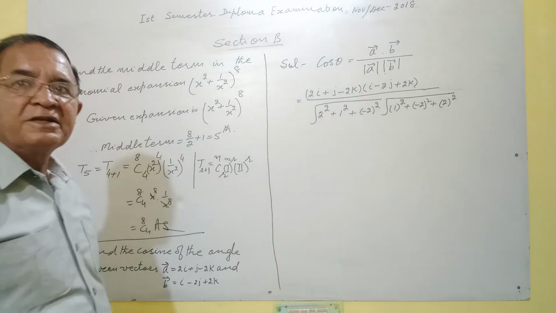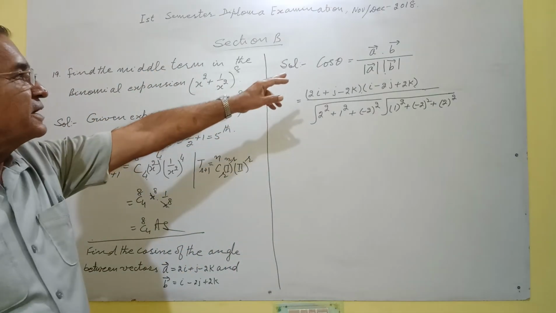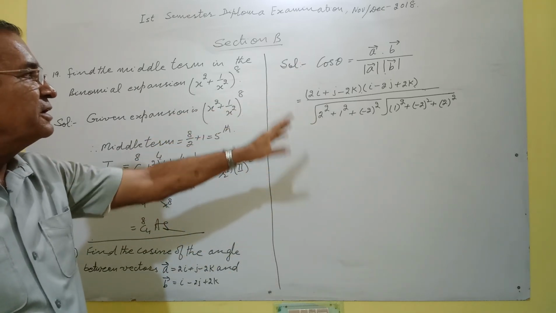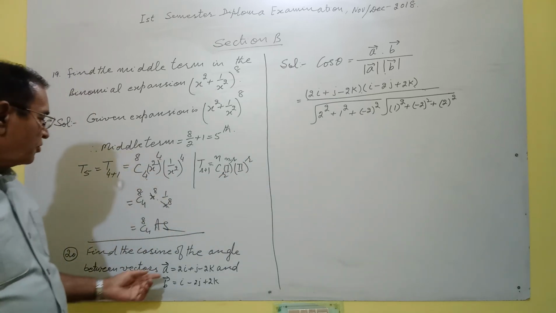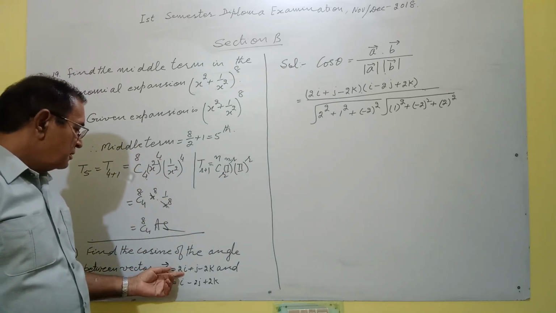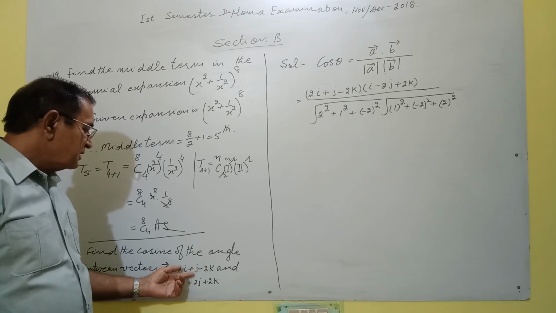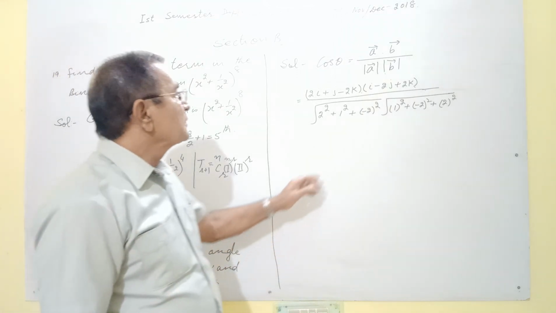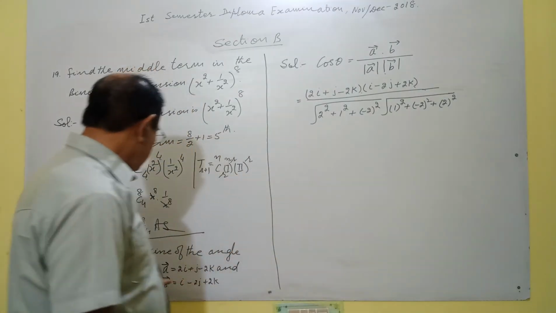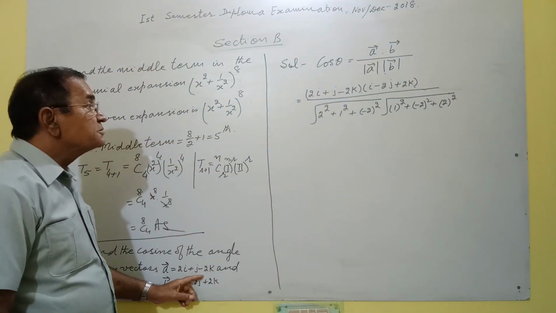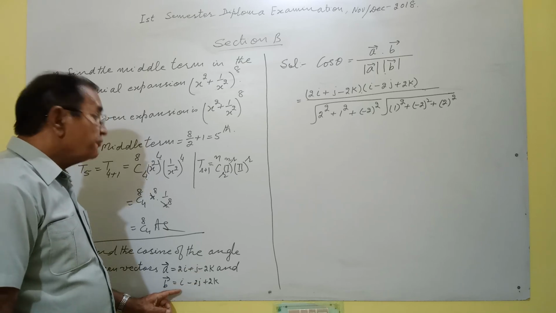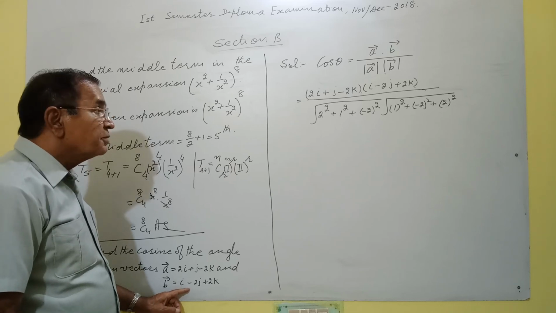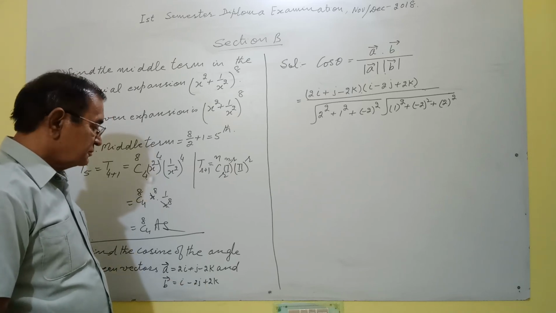See, the identity for the cosine of the angle is cos theta equals A dot B over mod A mod B. Put the values of A and B; for A dot B, take the coefficients of i, j, k.